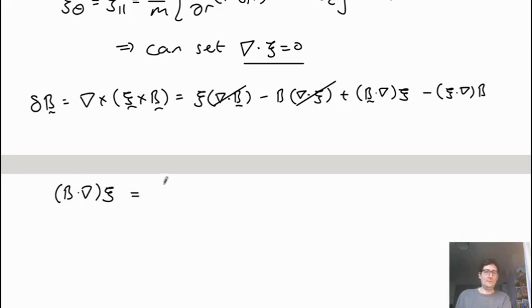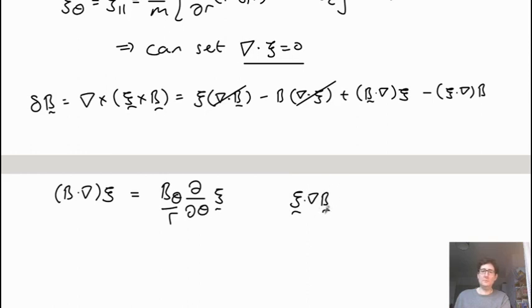So this is B poloidal times d by d theta, in the theta direction, times 1 over r, because this is a derivative with respect to a length. r times theta is the poloidal length, so this together is B dot grad, and then here we're taking the derivative of xi.